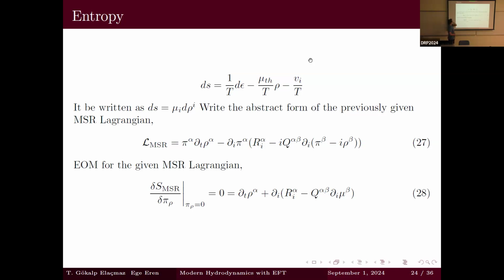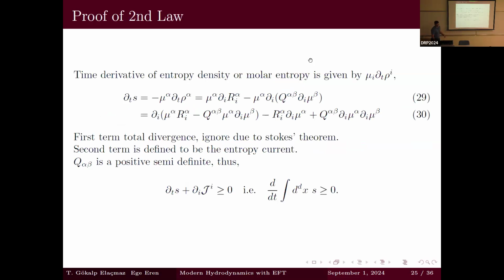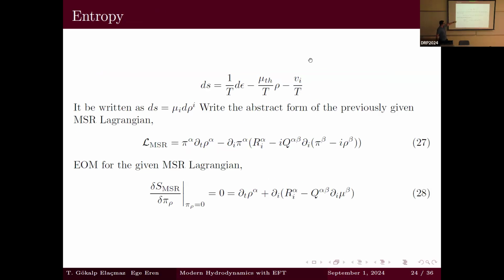So entropy is defined to be this in thermodynamics. When we write it by this notation, we get this from the equations of motion of the system. This is just the abstract form from before. We get this equation, and notice that it looks like entropy from before, this part.